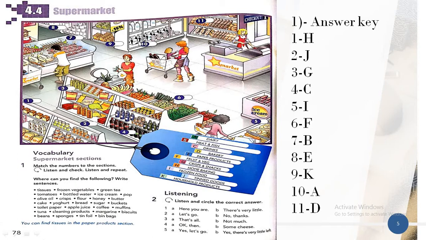Then we have 10, which is A, dairy. And the last is 11, which is D, bakery. Good. Make sure, please, you match all the numbers with what? Yes, with the supermarket sections.